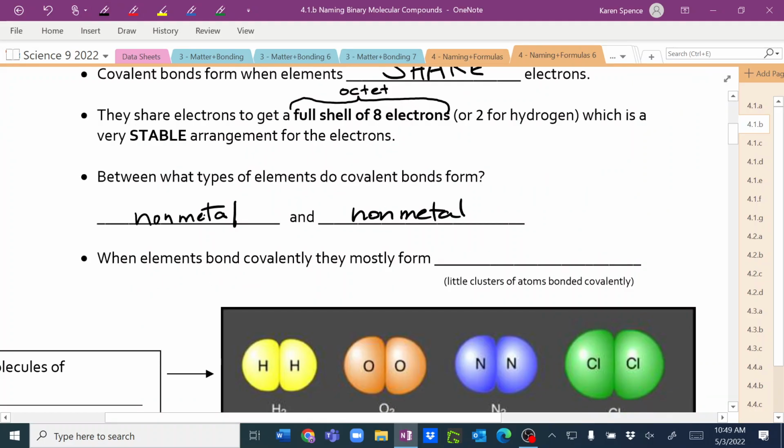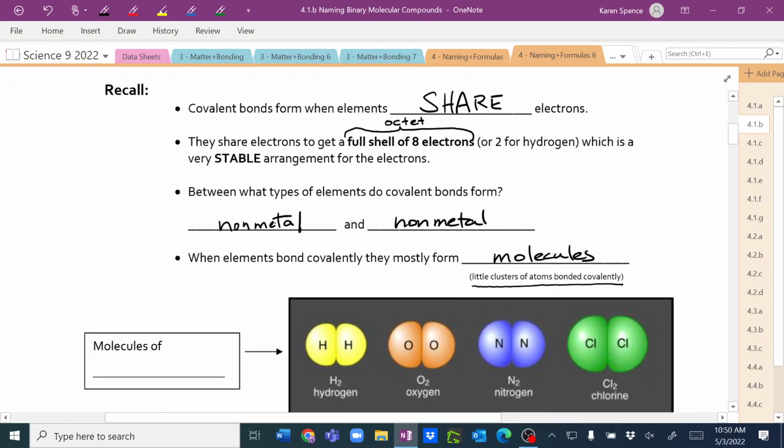When elements bond covalently, they mostly form little clusters of atoms bonded covalently. What do we call those little clusters of atoms? Those are called molecules, yes. If you were to look at these elements here, those are molecules.